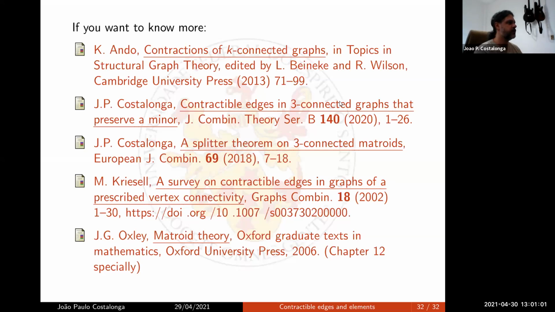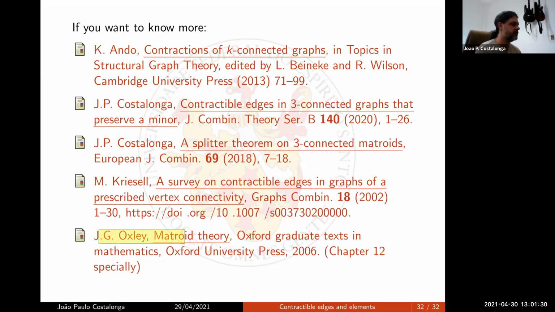So if you want to learn more, this is the main work I talked about. There will be a new one that I will put on arXiv soon, I'm just correcting some typos. And there are a couple of surveys on contractible edges in graphs if you're interested in the topic.